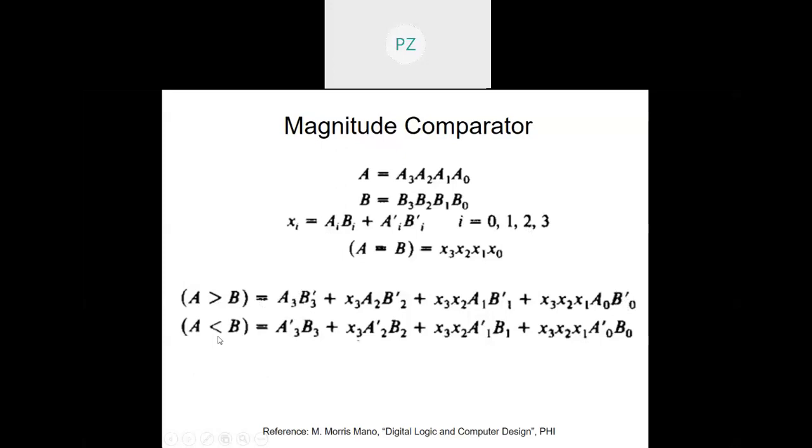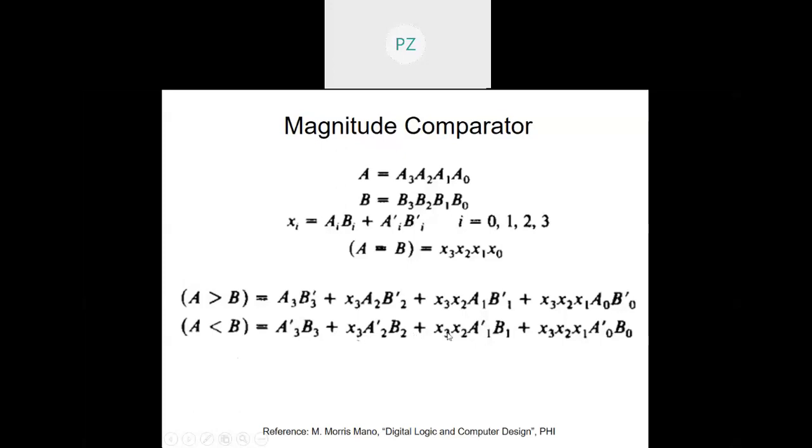Likewise, A less than B. A less than B is possible only when they are 0 1, and 0 1 can be written as a3 bar b3. 0 1 is the only condition where A is less than B. So I'll write a3 bar b3. If that is not the case, then a3 and b3 are equal but a2 is less than b2.